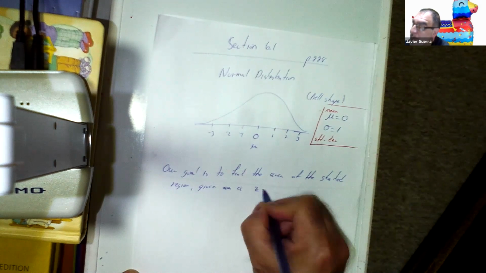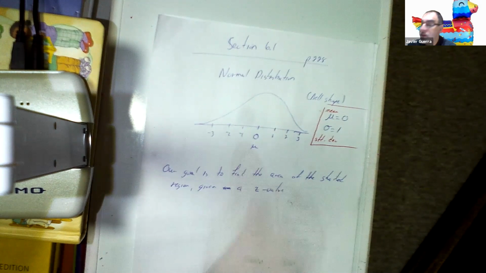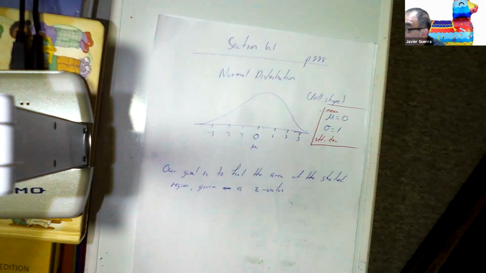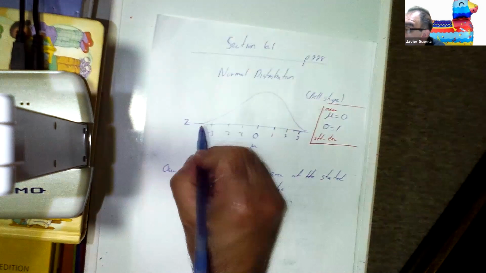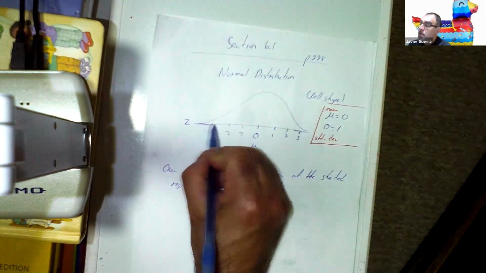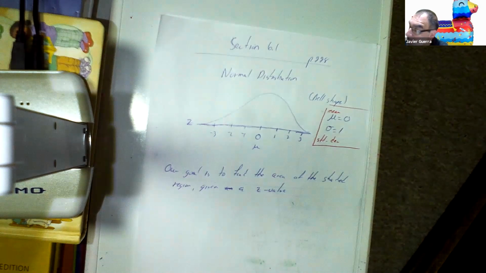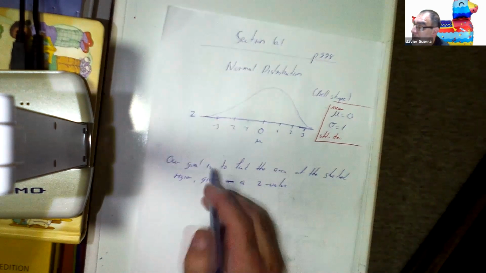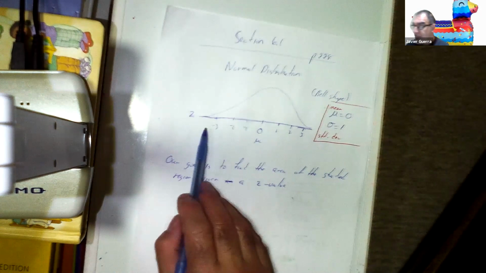So this scale is the z scale. This line here is your z-score value. Remember we talked about z-scores a long time ago? We talked about the heights of people. Well, that's what the z is. That's that scale. All right, so I'm going to show you all how to do it. It's very simple.